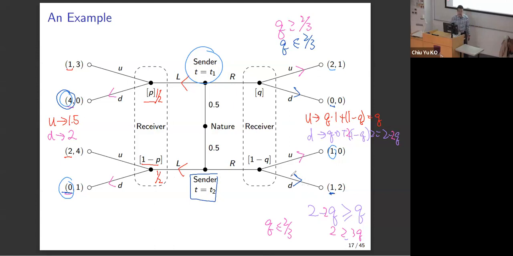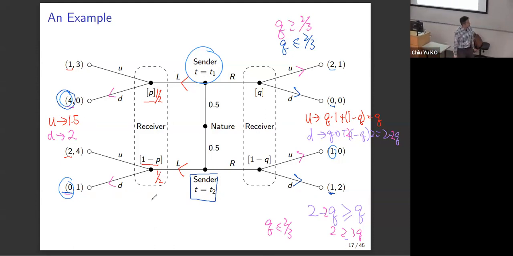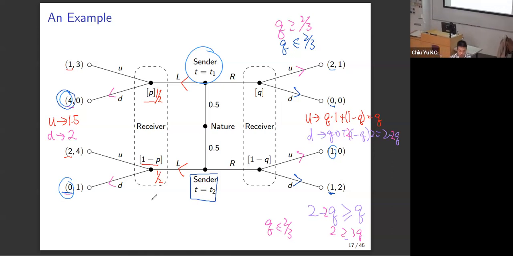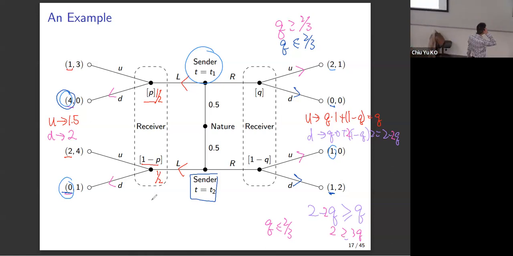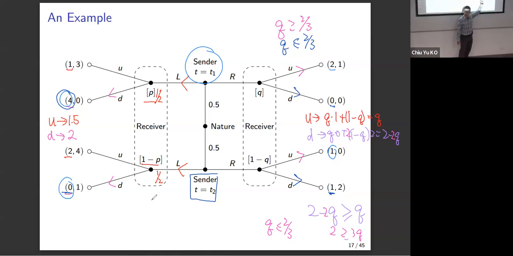So there's no way that sender 2 will send L. Because at L he only gets 0, the worst outcome, but by going to this side you get 1. Actually, you don't even need to check this one.